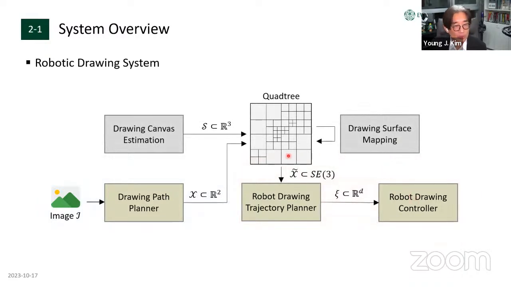Furthermore, we need to also look into these steps. After the drawing path planner creates the vector form of drawing sequences, again, as I said earlier, we need to estimate the canvas using vision or some other way. And then we have to represent the surface in some form. In our case, we use a quad tree for point samples.